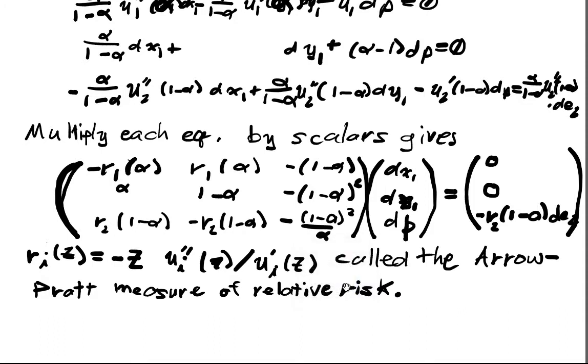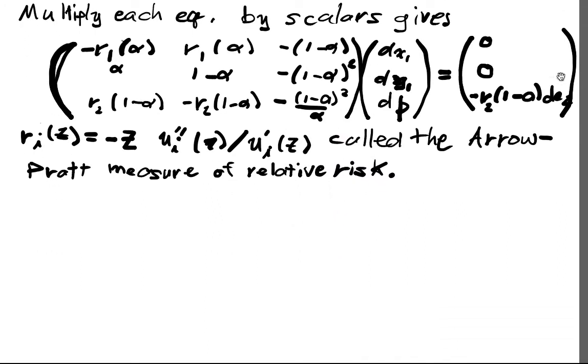So we have this system of equations, and we've got a bunch of zeros over here, so that means that we probably want to use Cramer's rule to solve for dx1, dy1, and dp. So we use Cramer's rule to solve for my differentials x1, y1, and p in terms of dE2, and that tells me the derivatives.